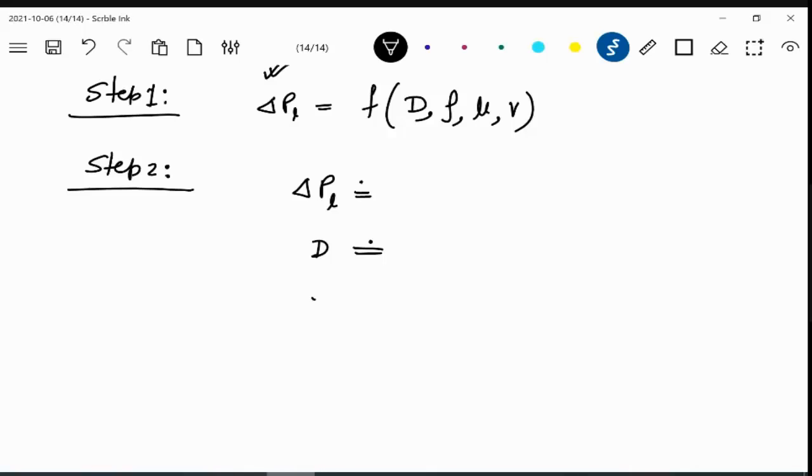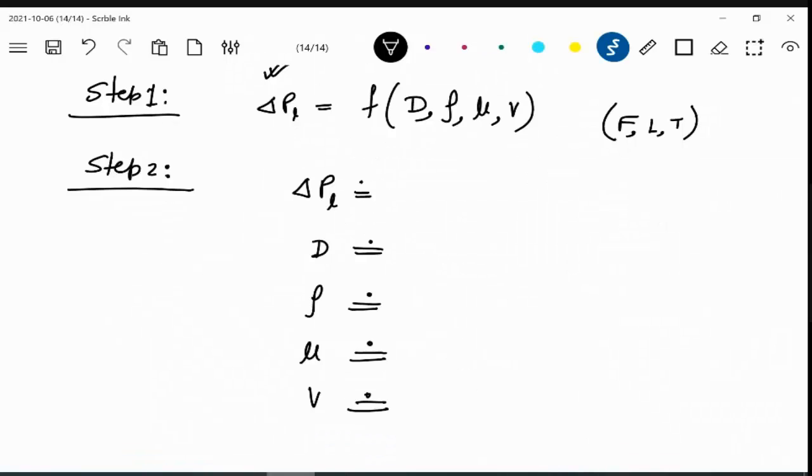I am choosing the basic dimensions as FLT, and you have to give me the dimension of each term.